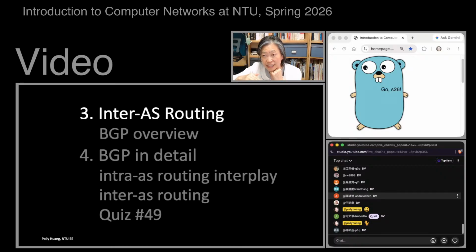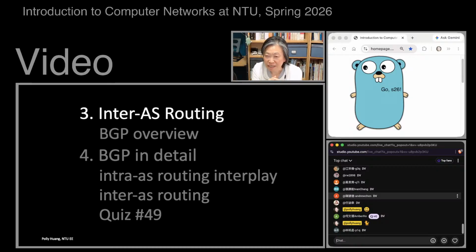And the last step then is to propagate the reachability information further. But in BGP, the propagation of the reachability information is also selective. There could be multiple options. In that case, you propagate selectively. But if there's only one, then of course you report the only one there is.